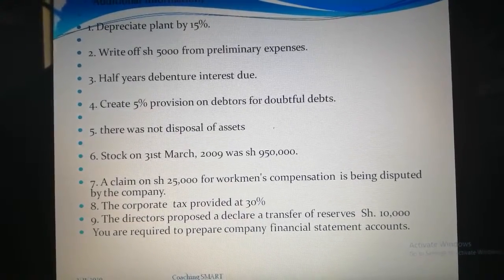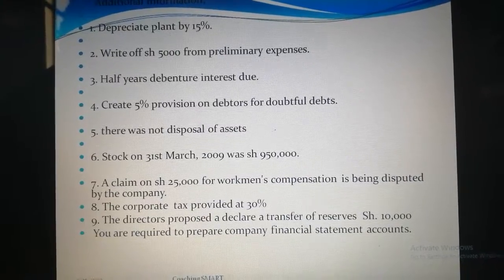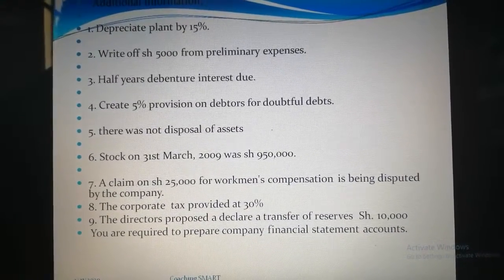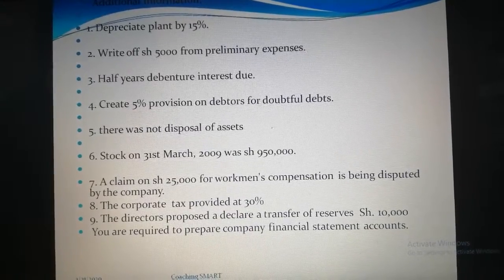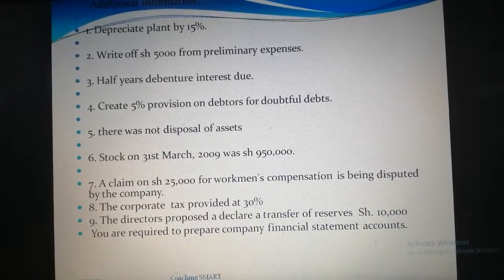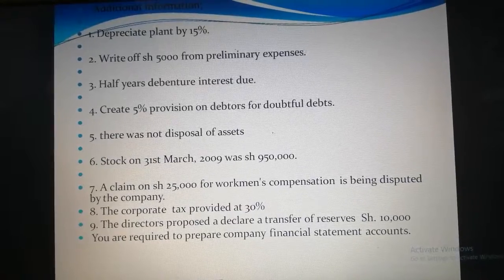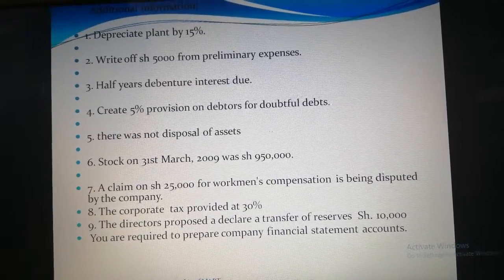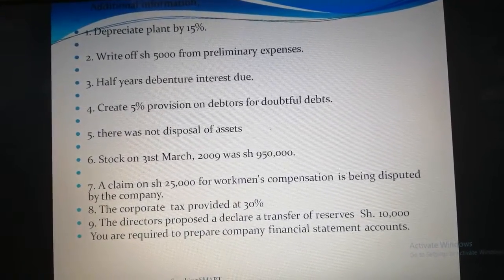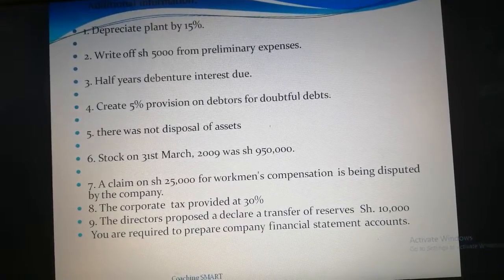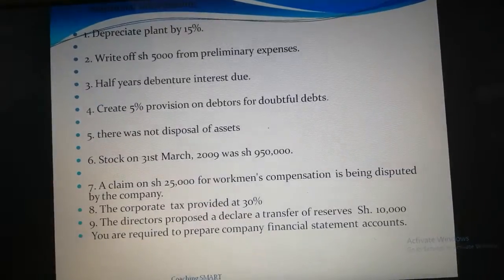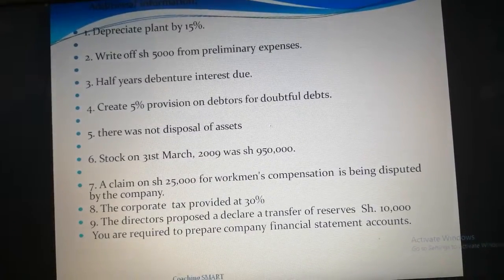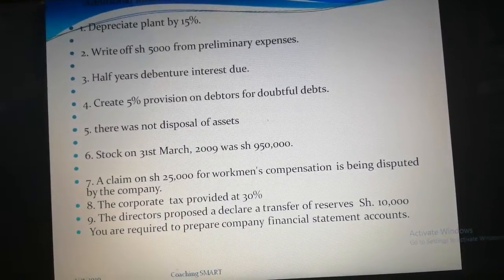Stock on 31st March 2019 was shillings 950,000. 7. A claim of shillings 25,000 for workmen's compensation is being disputed by the company. 8. The corporate tax provided at 30%. 9. The directors proposed a transfer to reserve of shillings 10,000. You are required to prepare the company financial statements.